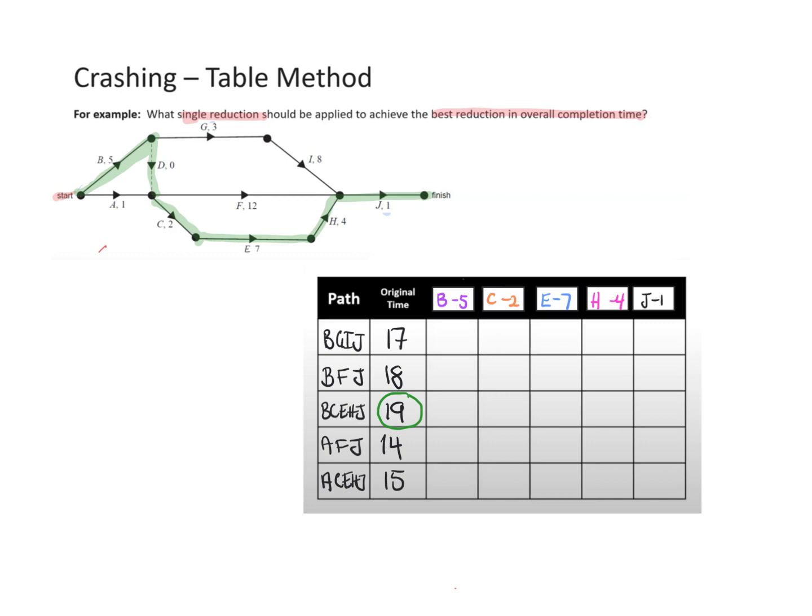I'll put that one in yellow so you can see. Alright, so we're going to go through and crash all of them. Maybe we'll write a note of what we did: because we were told no other restrictions, we will try crashing each of them by the full amount.